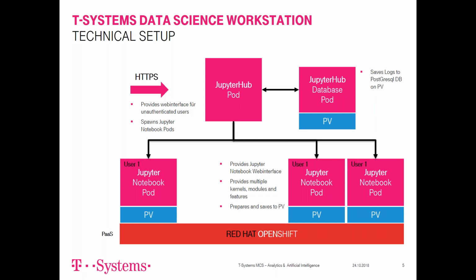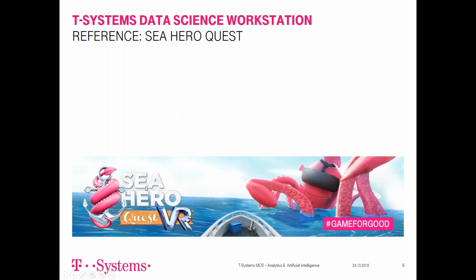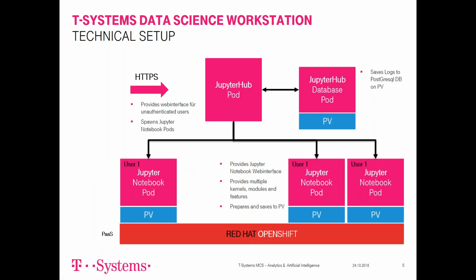And this pod is just responsible for authenticating users. And if it authenticates a user, it logs it into the JupyterHub database pod and spawns a new Jupyter Notebook pod, which you see just down here.